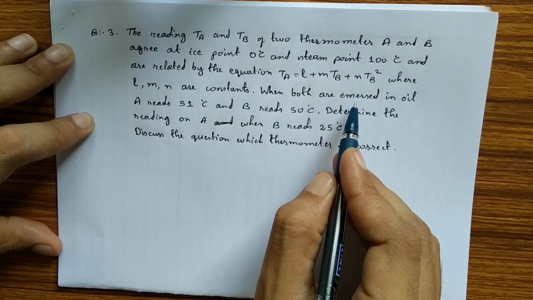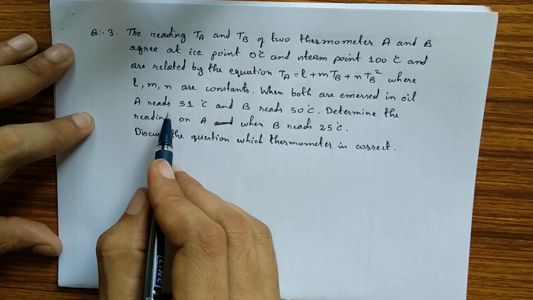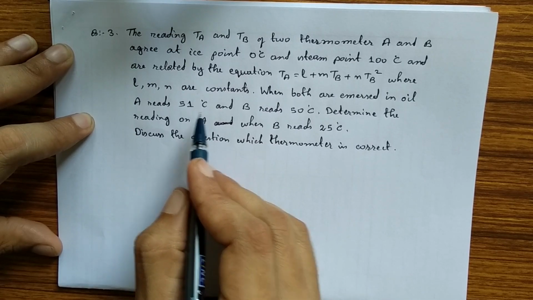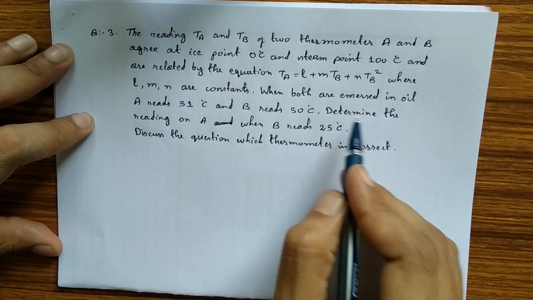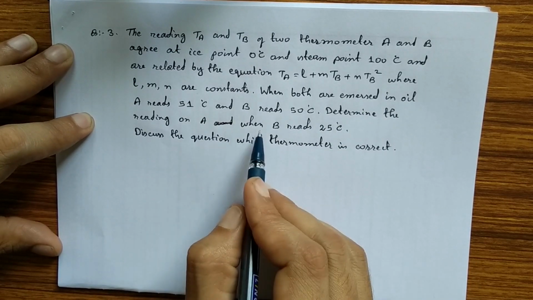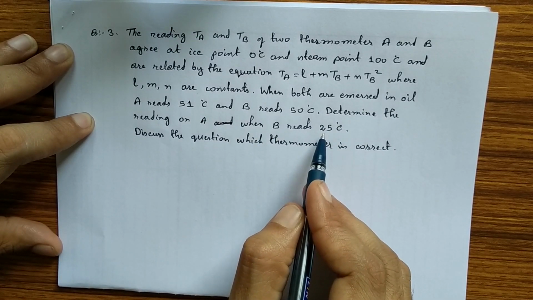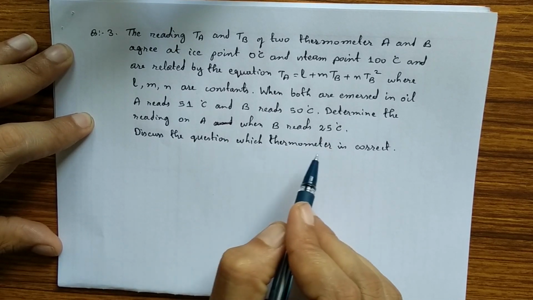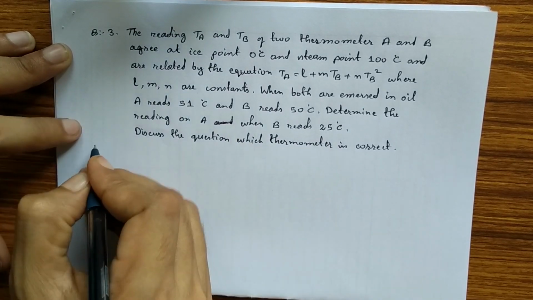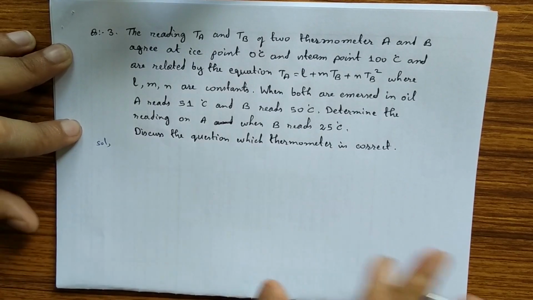When both are immersed in oil, A reads 51 degree centigrade and B reads 50 degree centigrade. Determine the reading on A when B reads 25 degree centigrade. Discuss the question which thermometer is correct. So we are going to solve this one.